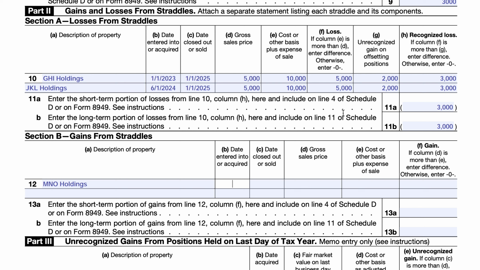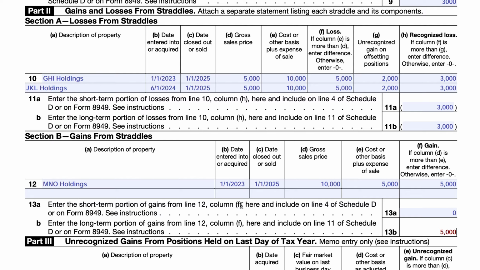We're going to just call it a long-term gain. 1/1/2023, and we're going to flip the numbers. So now this is a $5,000 gain. Since this was clearly a long-term gain, we would have 0 short-term gains, and we would have $5,000 that we enter.